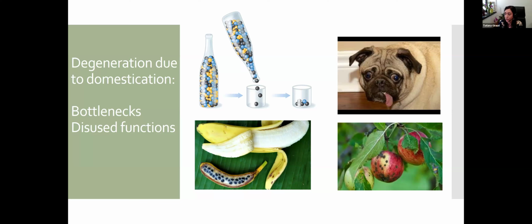In apples, we exerted too strong a selection, so that many resistance genes against diseases, like the apple scab disease, have been lost and are only found in natural populations or in closely related species. There are also disused functions, for instance in the domesticated banana: it is much bigger and more nutritious, but at the same time has no more seeds, so it cannot reproduce by itself anymore.